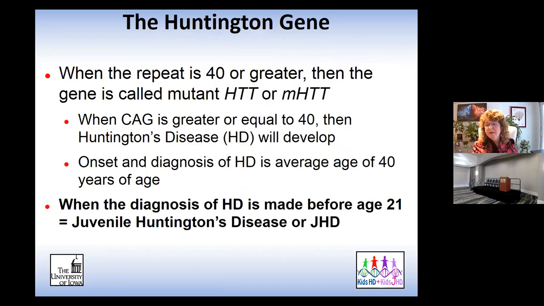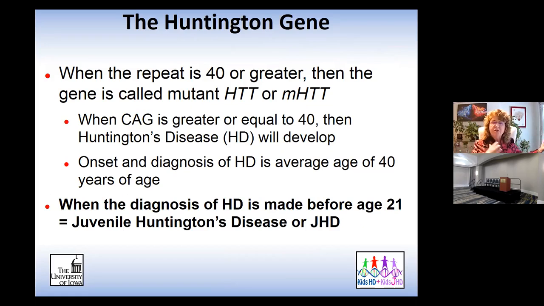And when the repeat is longer than 40, that's when the gene is called mutant Huntington's, or MHTT. And when it's equal or longer to 40, that means that is when Huntington's disease will develop. So importantly, everyone has this gene, everyone has repeats. It's only when it's too long do you develop disease. And what's really important is that the age of the diagnosis is about 40 on average.